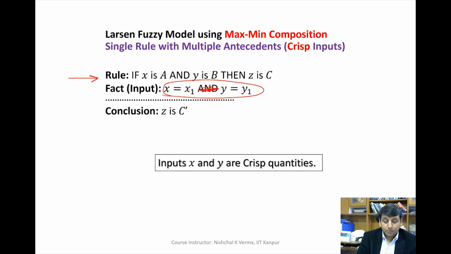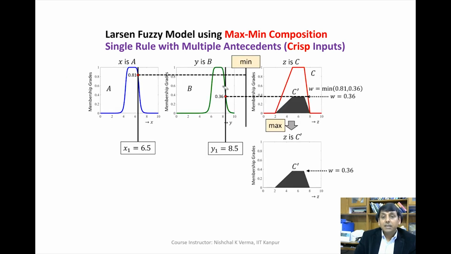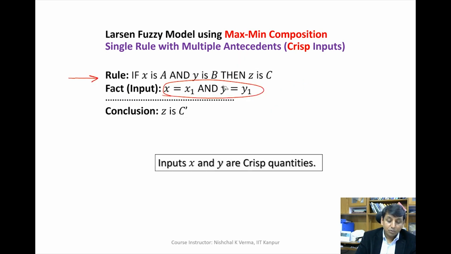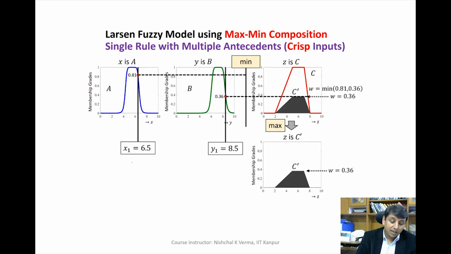Let's see what we are getting as the output when we use the Larsen fuzzy model using max min composition. So let us take the two crisp values. Our x1 is, let's say, 6.5 here, and y1 is 8.5 as the crisp values.